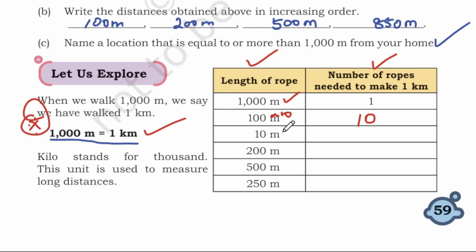Likewise, if you have 10 meters, how many ropes are needed? If you multiply by 100, you will get 1000 meters. So here you need 100 ropes. Likewise, for 200 meters, you need 5. For 500 meters, 500 into 2 is 1000, so 2. 250 into 4 is 1000, so 4.